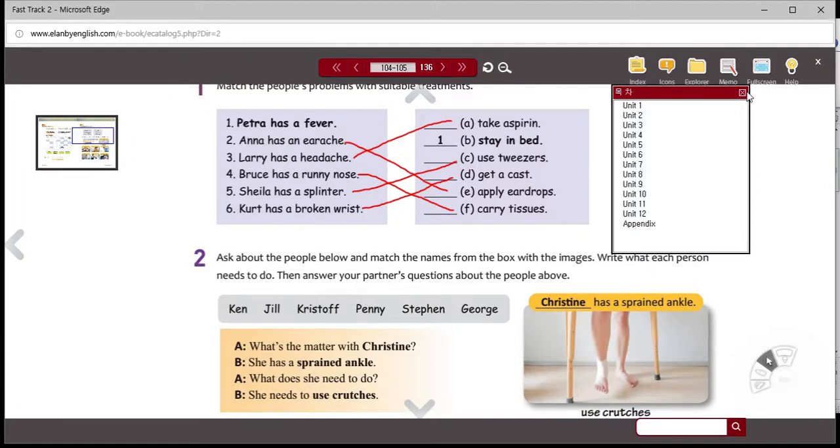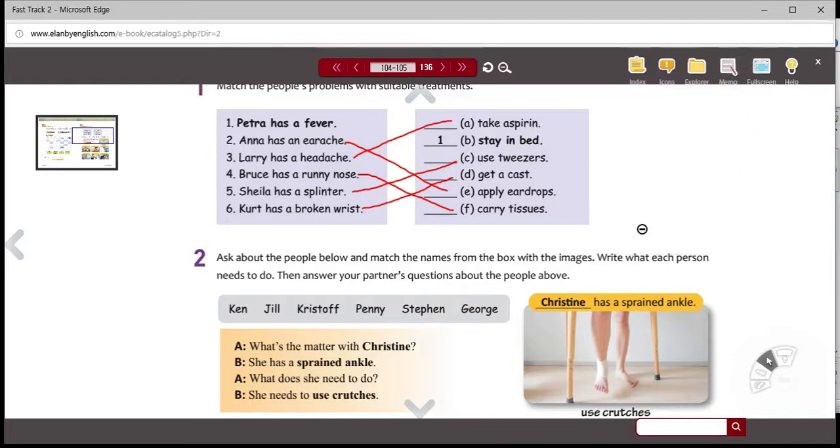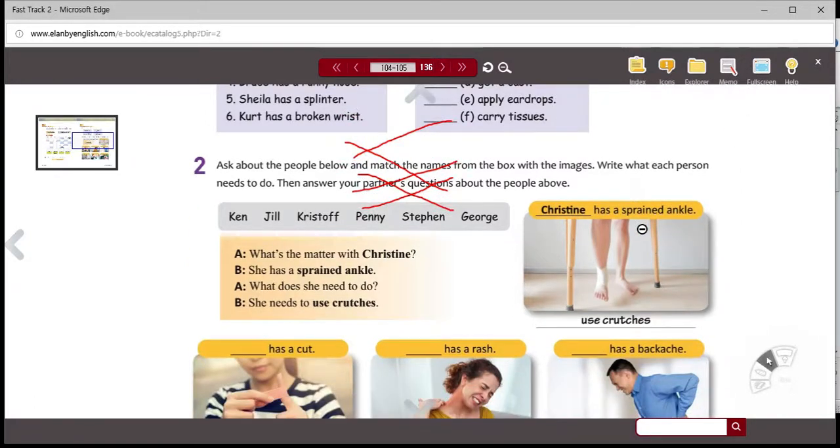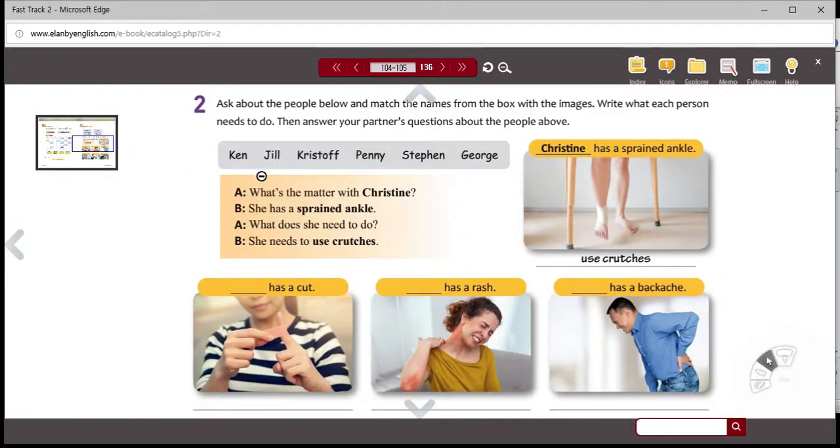Okay, so with your partner, you're going to take turns asking about these people. So if you're student A, you're going to ask your partner about these people: Ken, Jill, Christoph, Penny, Stephen, and George. Okay, so you can ask what's the matter with them.